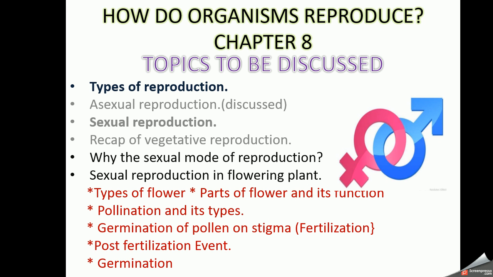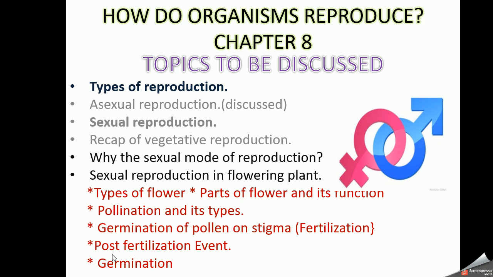Now what we are going to discuss today is sexual reproduction. In this, you are going to study why the sexual mode of reproduction is necessary, and then sexual reproduction in flowering plants. Before discussing sexual reproduction, we should know the types of flowers, their parts and functions, and what pollination is, how it takes place, and its different types.